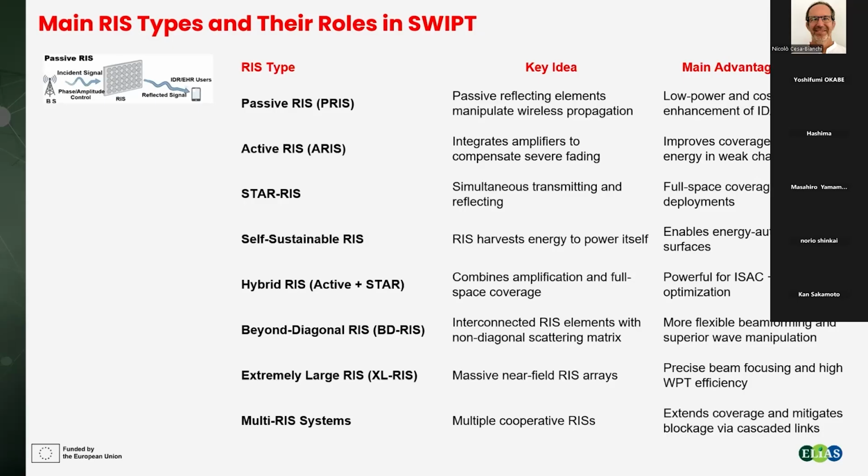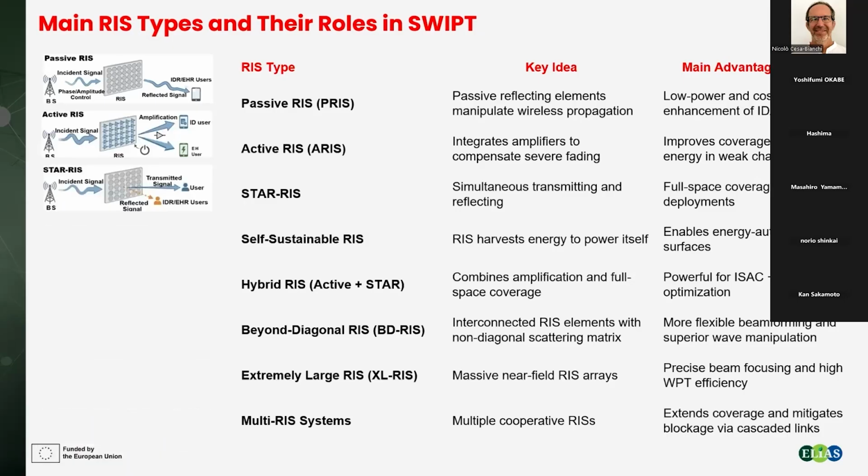Active RIS, which includes an amplifier inside, and also STAR RIS, which is simultaneous transmitting and reflecting, which means that we make use of the reflected signal and the incident signal. This will help to make use of the refracted and incident signals.